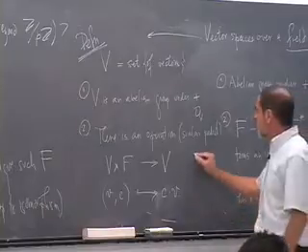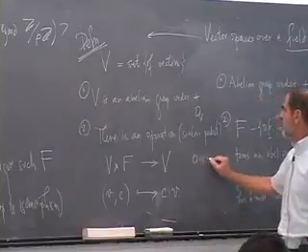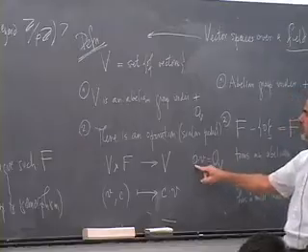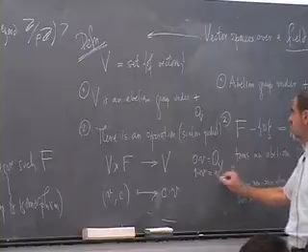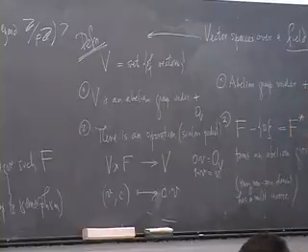And we have to have that 0 times any vector is 0v, where this is the 0 element of the field, and 1 times any vector is v, where 1 is the 1 element of the field.